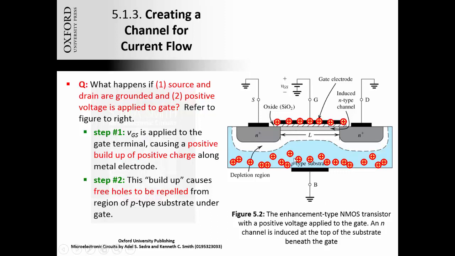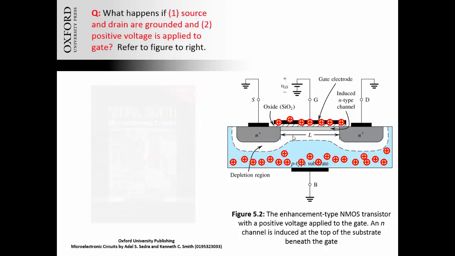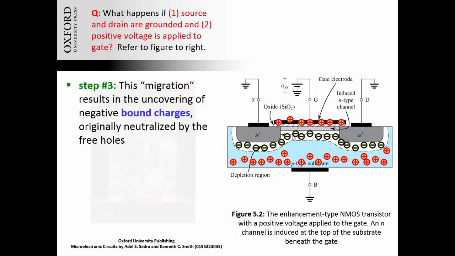Now, when an electron moves in to fill a hole up here in what will eventually be the channel region, it uncovers a bound negative charge, right? An electron goes in and fills that hole, and now that electron is part of this ionized boron atom, and so we have a net negative charge in this region.